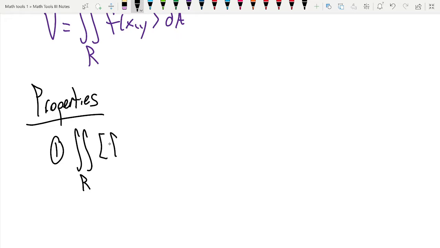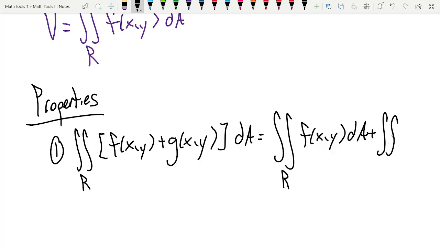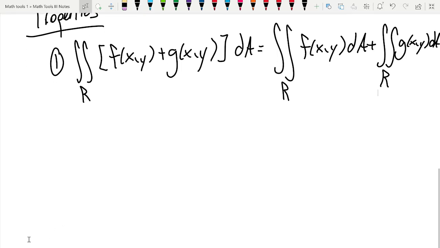So if we have the integral of f of xy plus g of xy dA, then of course we can split this up over addition. Okay, so the integral of f of xy dA plus the integral of g of xy dA, over R. So we can still break it up over addition.